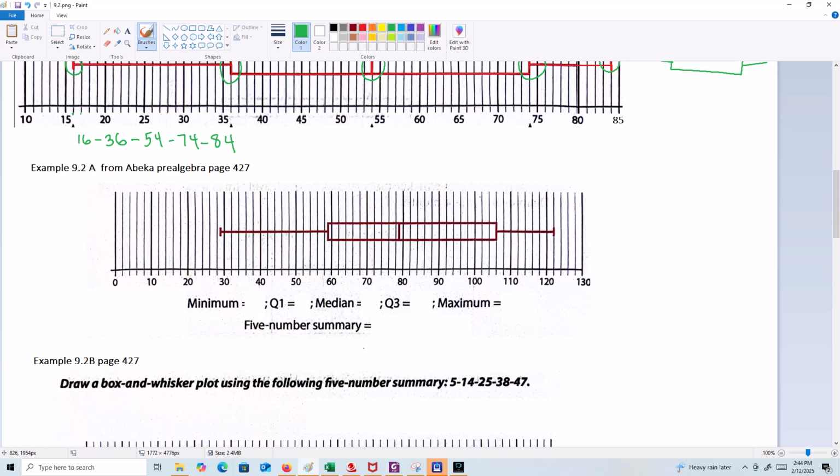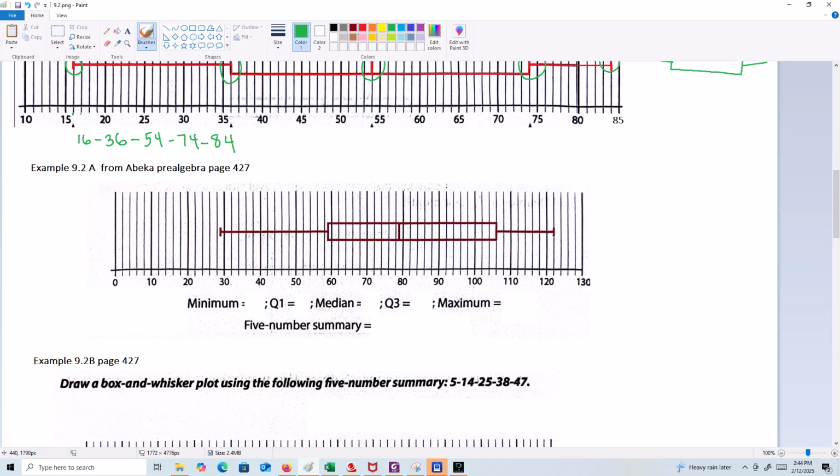It wants you to evaluate the box and whisker plot and fill in what each of these values, minimum, Q1, median, Q3, and maximum, are, and then come up with the 5 number summary.